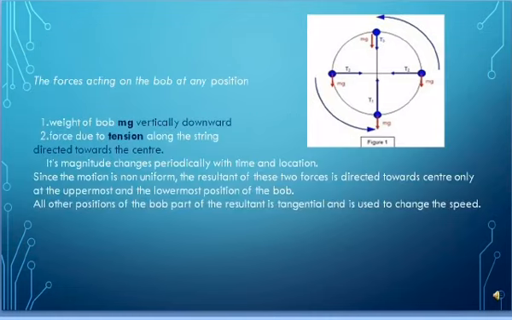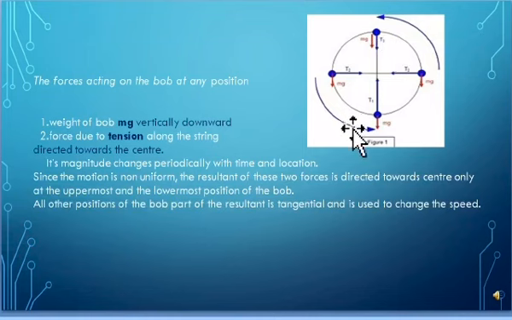Okay. Now let us see which forces act on this bob. See in this figure, weight mg acts downward. Here we have to study these 4 points: uppermost point, lowermost point and 2 horizontal points.